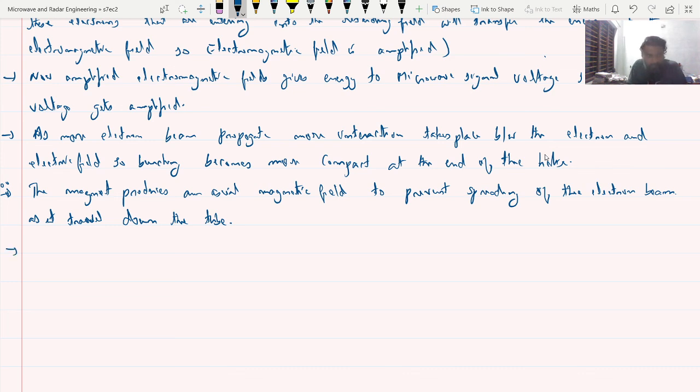Similarly, I have kept an attenuator, placed nearer the center of the helix. What will it do?